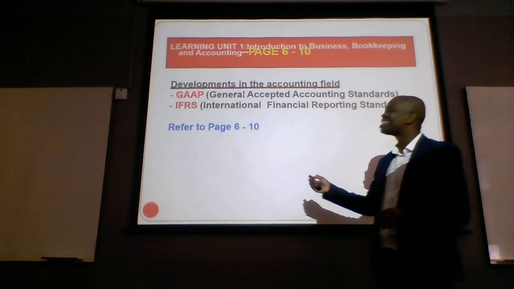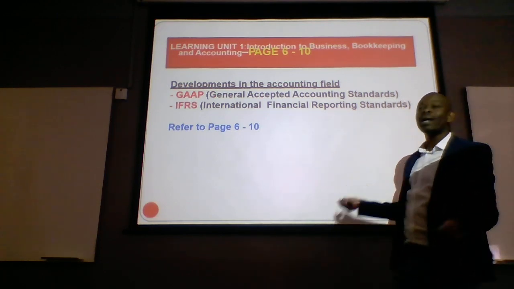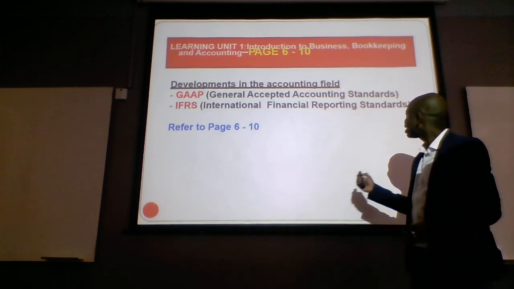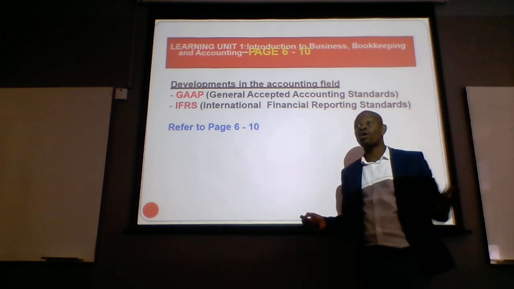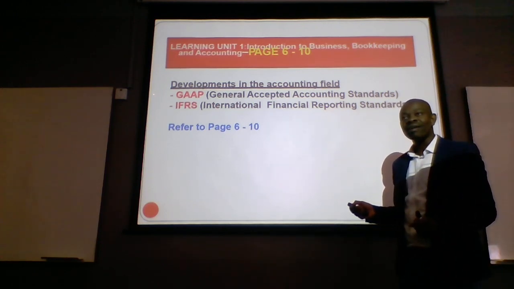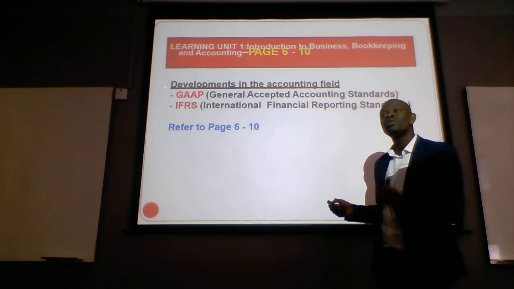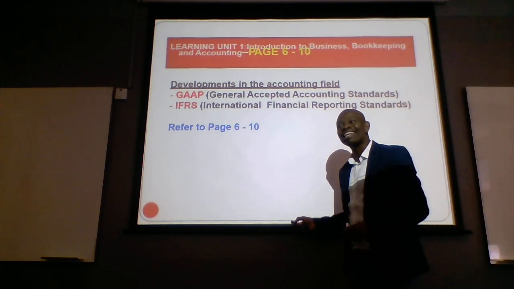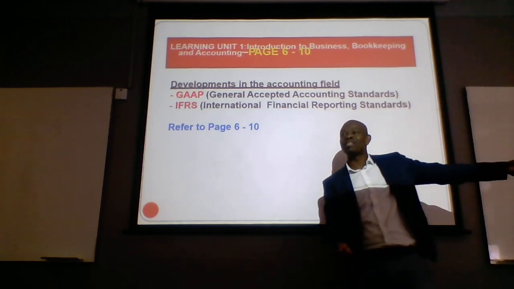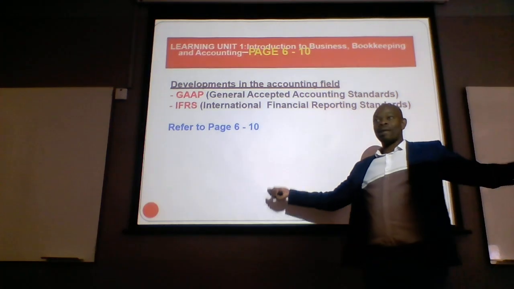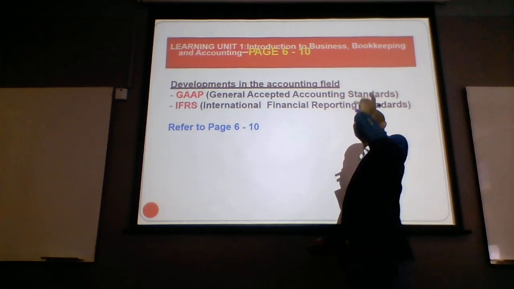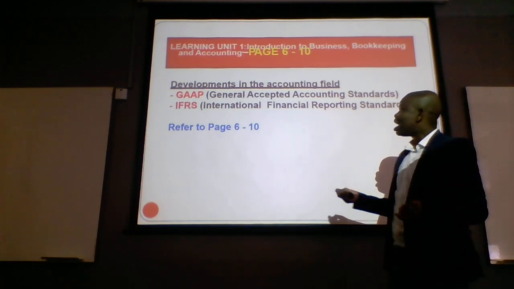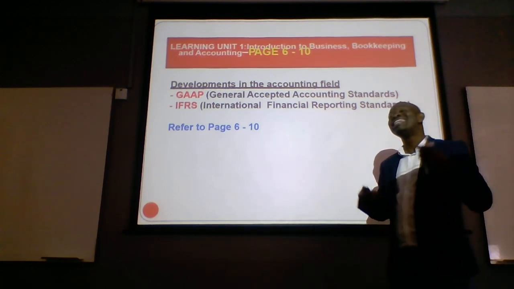These were local standards, but they do not exist anymore because they've been incorporated in IFRS, the International Financial Reporting Standards. Meaning everyone across the globe needs to use IFRS. Gone are those days where we only used GAAP for a particular country. Now we follow the same standard. That's why you can go to the UK, Zimbabwe, or Kenya and practice the same accounting, because we are all guided by IFRS, which at the same time we use with the International Accounting Standards.